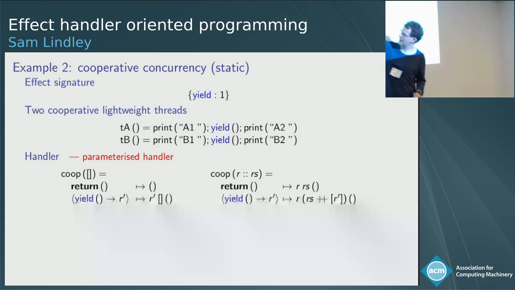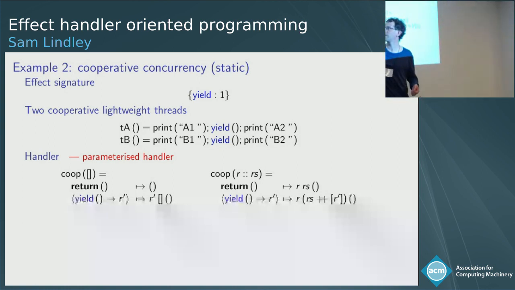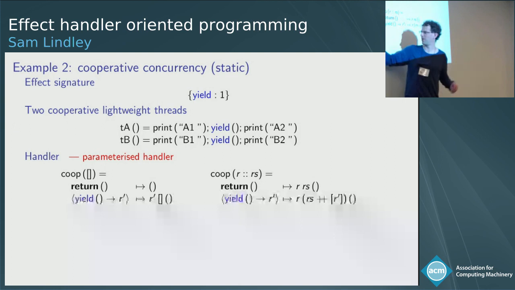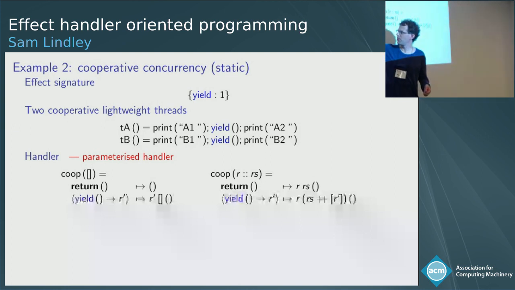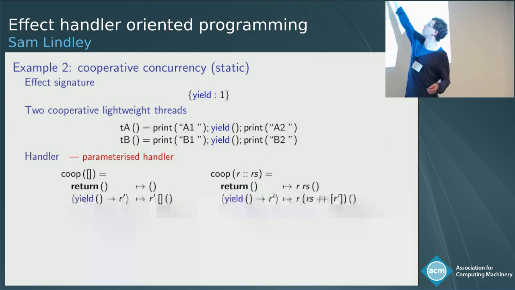So if you consider the case where there are no resumptions running, if we finish and we get a unit value, then we just return the unit value. If you yield and you're the only thing running, then you just carry on running the resumption. And now the resumption takes the parameter as well, so the list of all the other resumptions, as well as the unit value that yield needs to return because of its type.